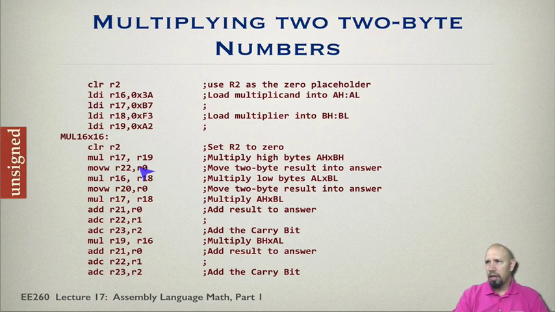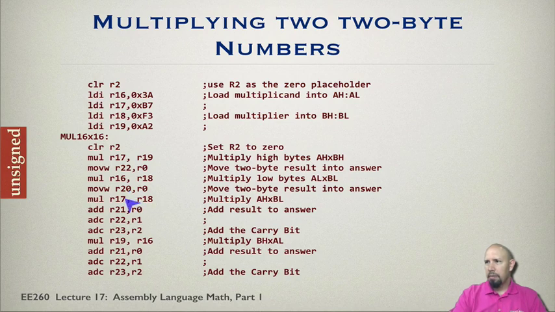So this is putting registers R1 and R0 into registers R23 and R22. Again, it's specified by their low bytes. So I first multiplied the high bytes together. Now I multiplied the low bytes together. Okay. And again, I shift that over into registers 21 and 20.